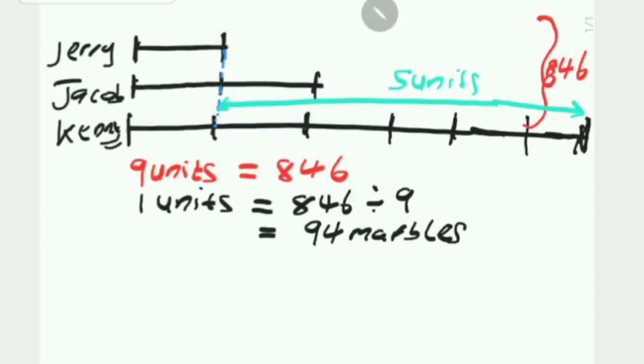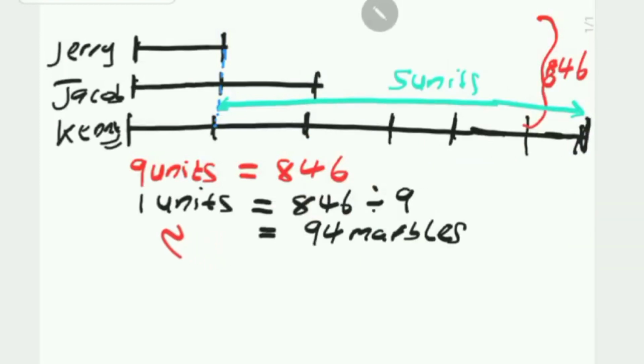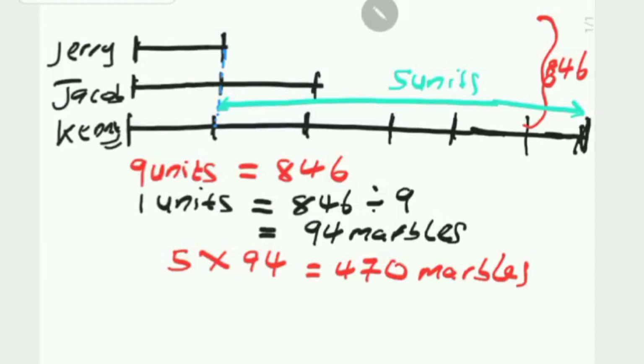And we know that a unit is equivalent to 94 marbles. If that's the case, then Kenny will have 5 times 94 more marbles than Jerry. So we have 5 times 94, giving us 470 marbles.